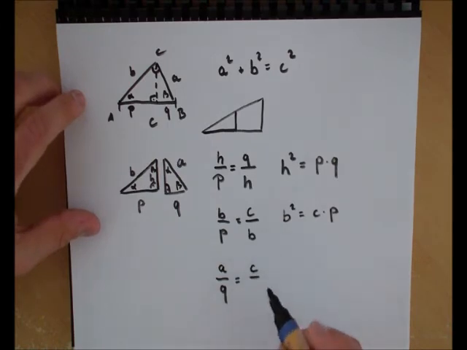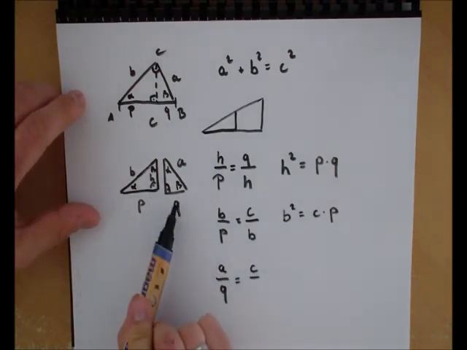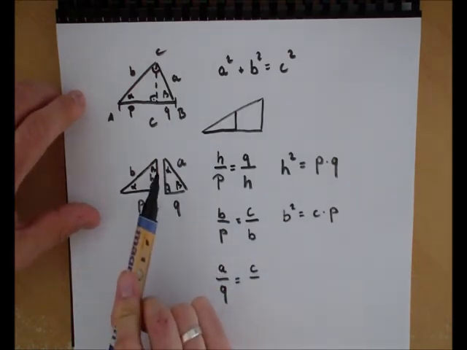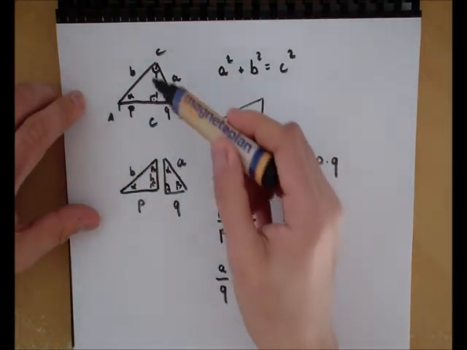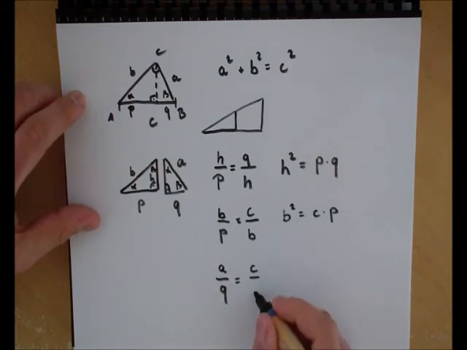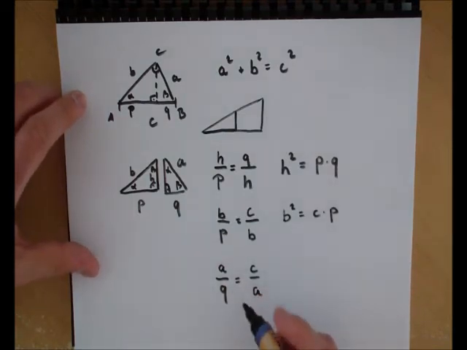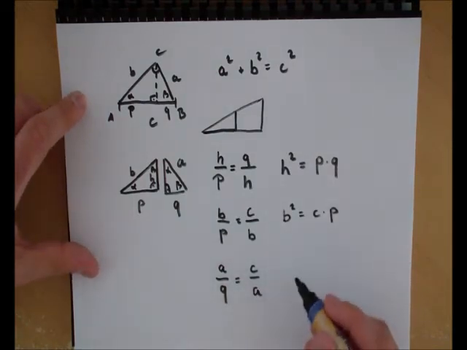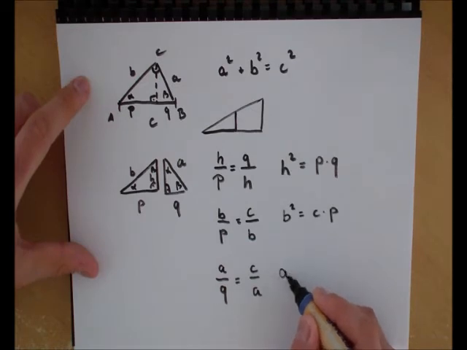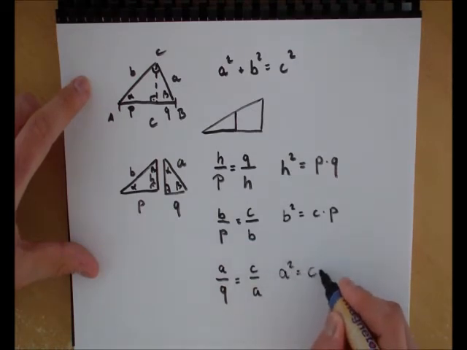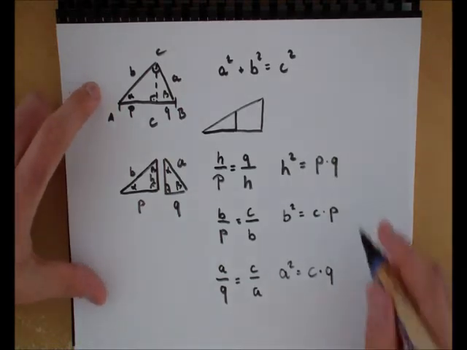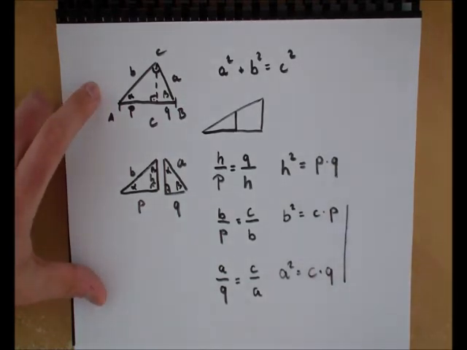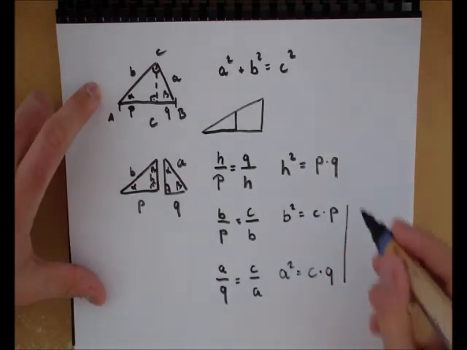It's C, and Q was the side opposing the angle alpha, which in the big triangle is A. Again we multiply with A and Q, and we get A squared is equal to C multiplied with Q. These are called leg theorems; I'm just translating this from German to English.